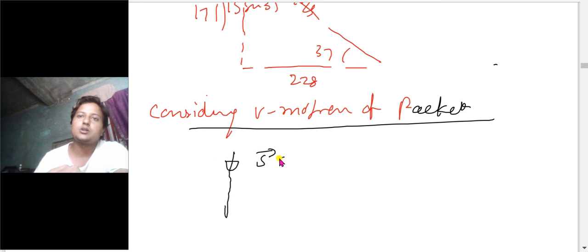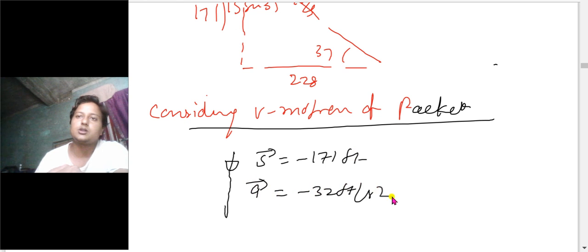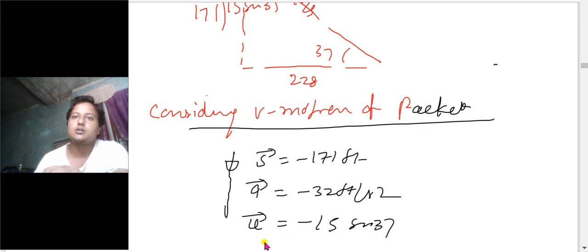Vertical displacement is minus 171 feet. Acceleration is minus 32 feet per second square. U is minus 15 sin 37, and we have to calculate time.